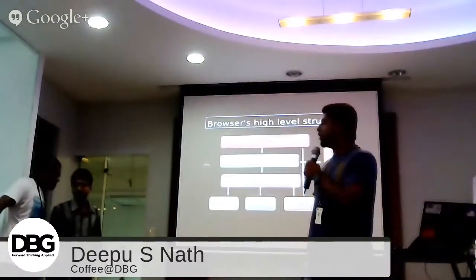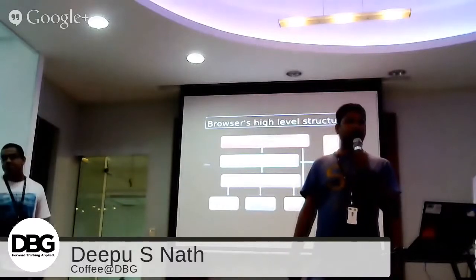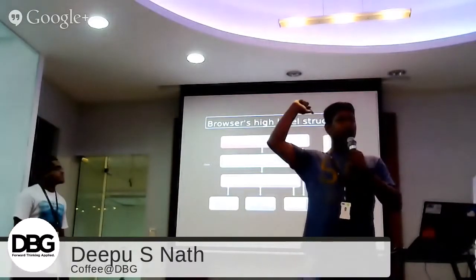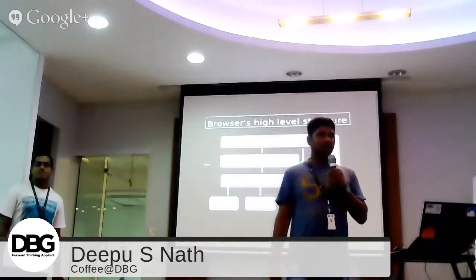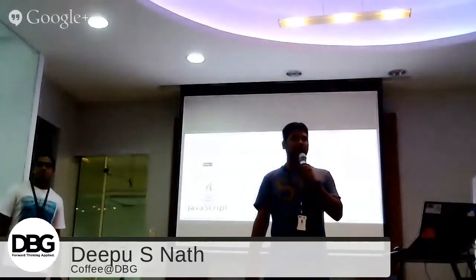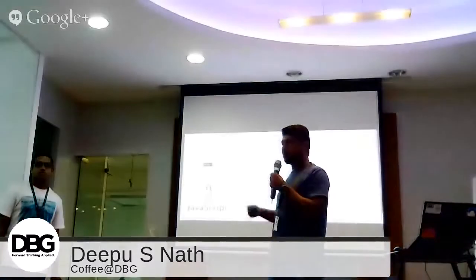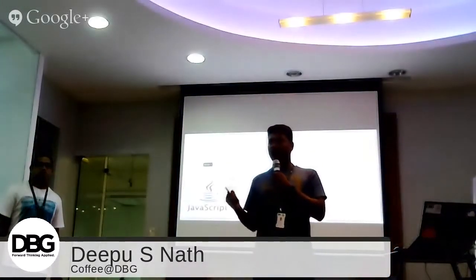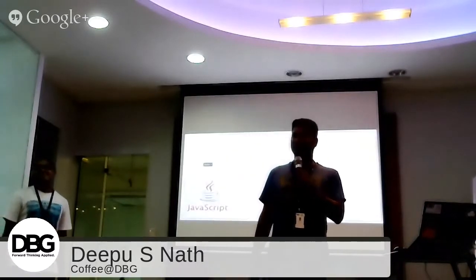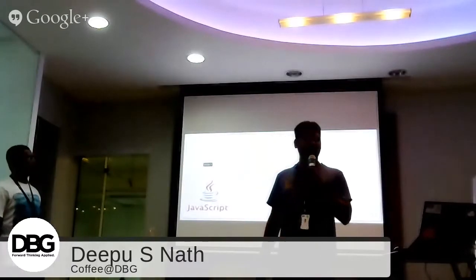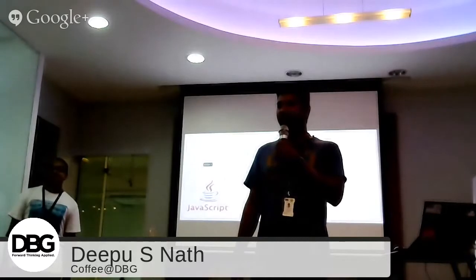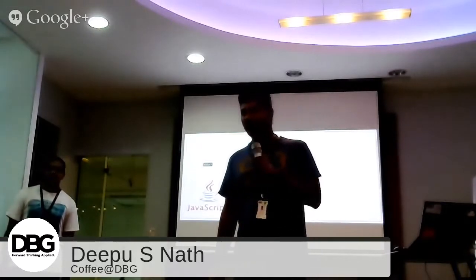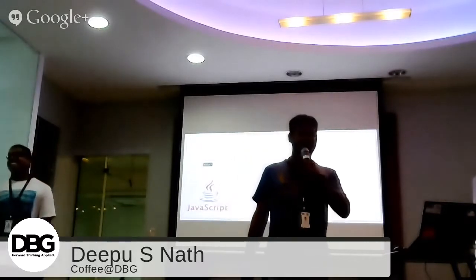Then we spoke about browser engines. Did you get anything from this slide? That is a basic idea about how the browser engine works. What are the components that we have in a browser engine? The network component, the UA component, then the JavaScript engine, the rendering engine, and the browser engine.